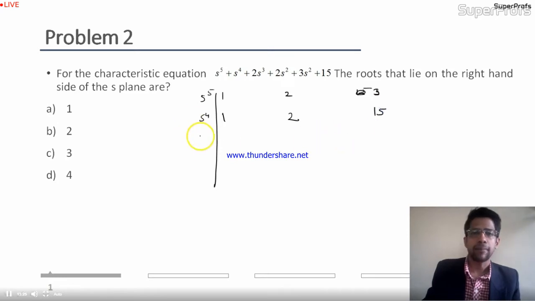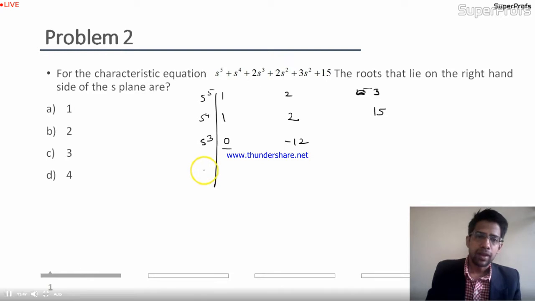Okay. So now if you try to solve this value, you get 1 into 2 minus 1 into 2, 0, divided by 1. So you get 0 here, and you get minus 12 here, because 1 into 3 minus 15 into 1 divided by 1. So you get minus 12.